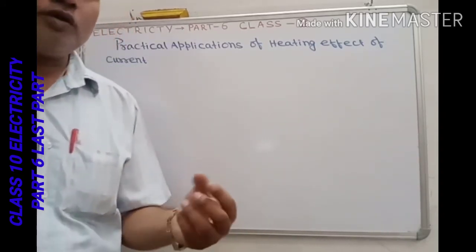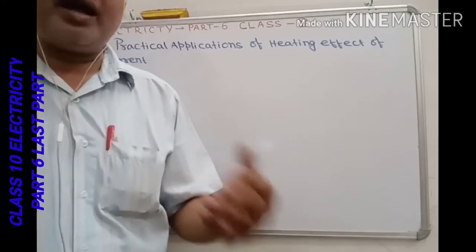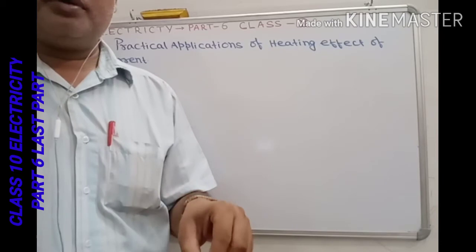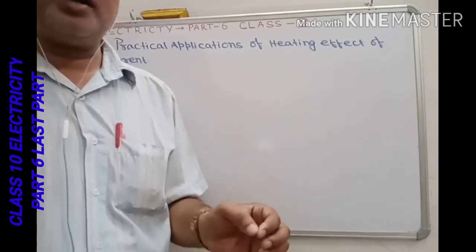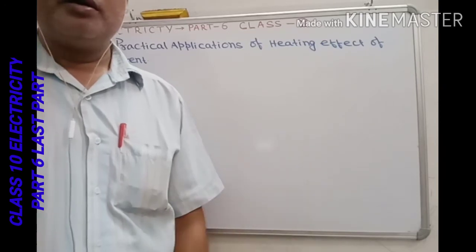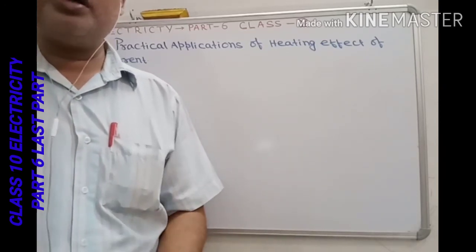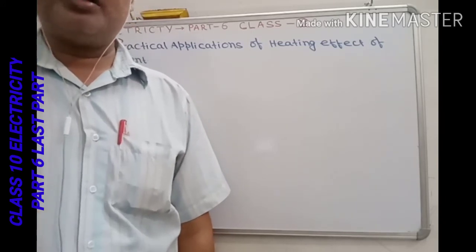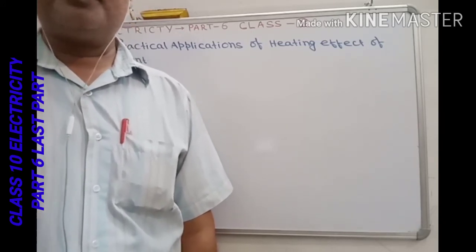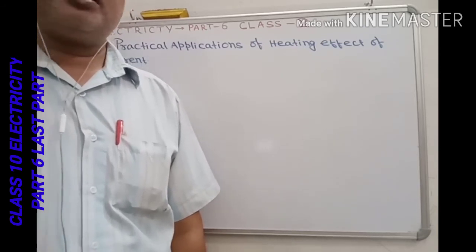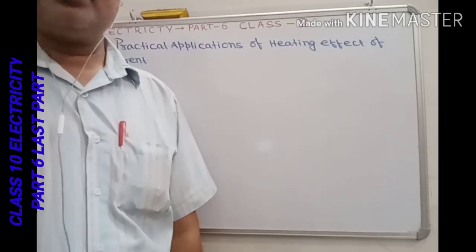Moreover, for the prolonged life of that bulb, inert nitrogen or argon gas was also filled inside, because the filament may get oxidized when it comes in contact with air. To prevent this oxidation, inert gases such as nitrogen and argon were filled in it.